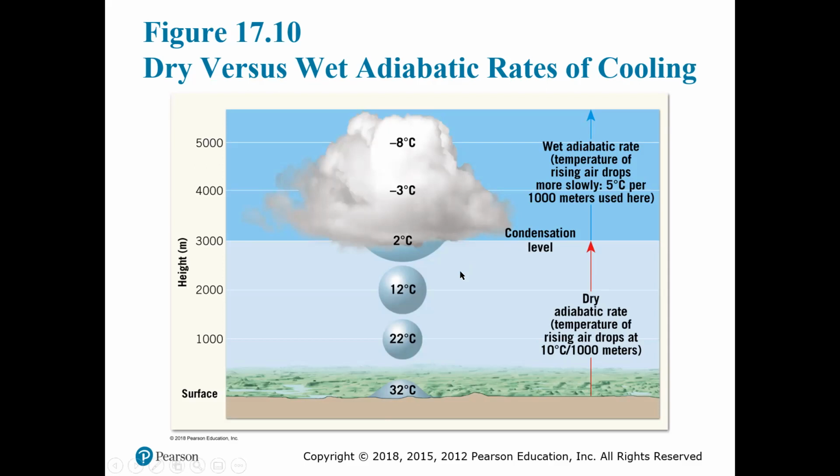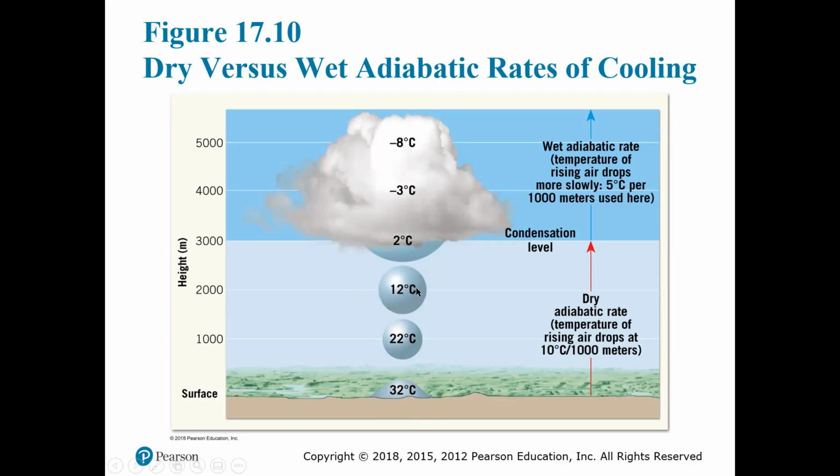So here is our parcel of air. At the surface, we're at 32 degrees Celsius. We go up 1,000 meters, and the temperature drops by 10 degrees Celsius. We go up another 1,000 meters. It drops by another 10 degrees Celsius because it's continuing to expand.